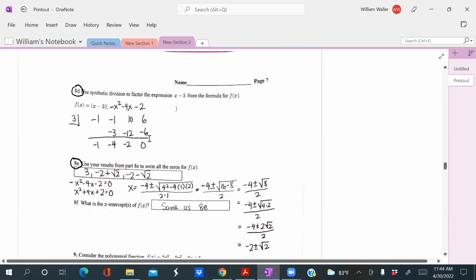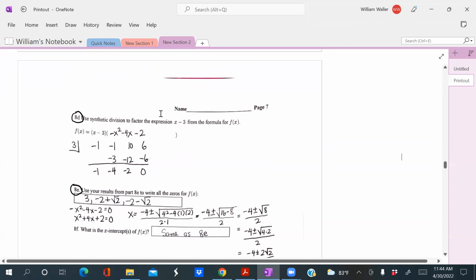That's great. So that means that x minus 3 is a factor of that original polynomial. In fact, that original polynomial factors as x minus 3 times what? Well, what are these coefficients in our quotient, right? That would be -1 times x squared, -4 times x, and then a constant of -2.